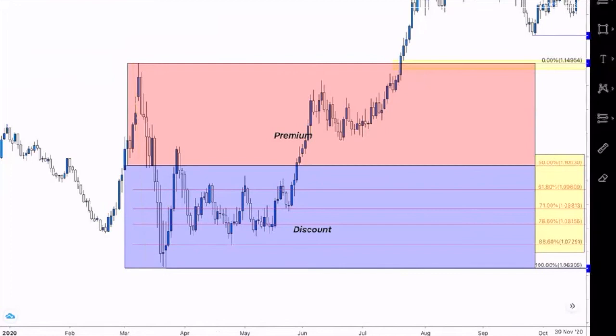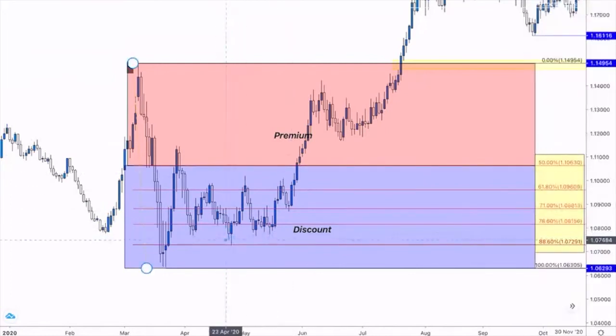You can clearly see where the market came down to the 88.6%, right?